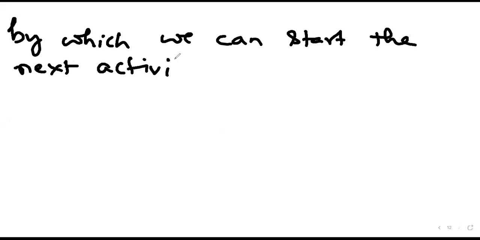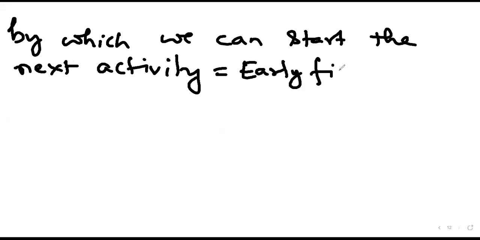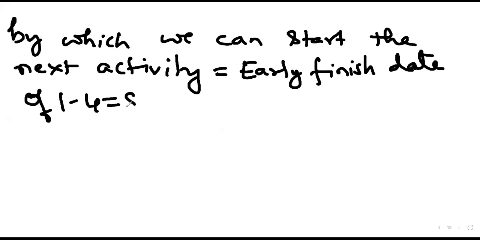The next activity is equal to the early finish date. Early finish date of 1-4 is equal to 8. So that is the reason the early start of the activity is equal to 8.